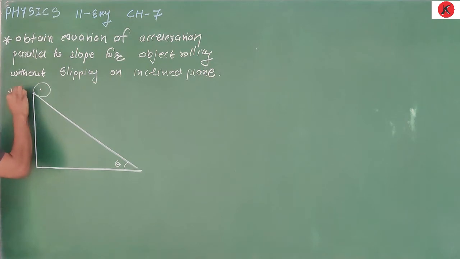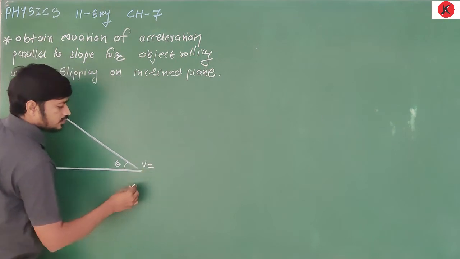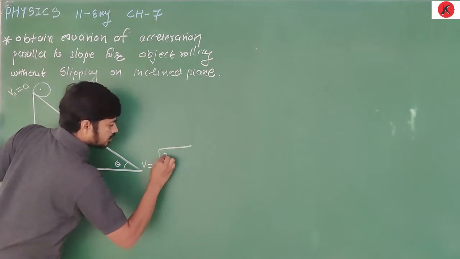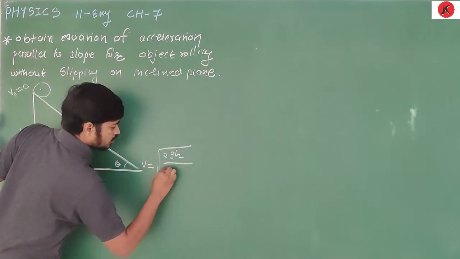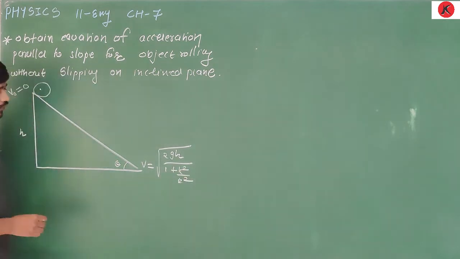Here the initial velocity is 0. At the bottom, its velocity, now we know that v is equal to under root 2gh upon (1 plus k square upon r square).